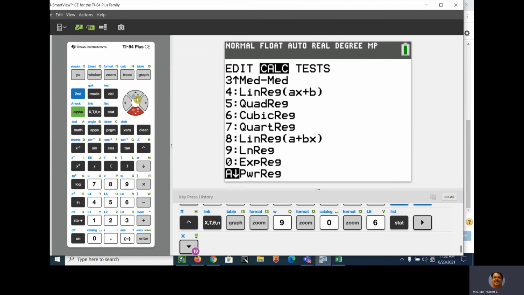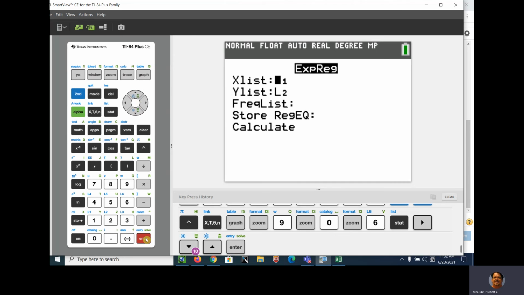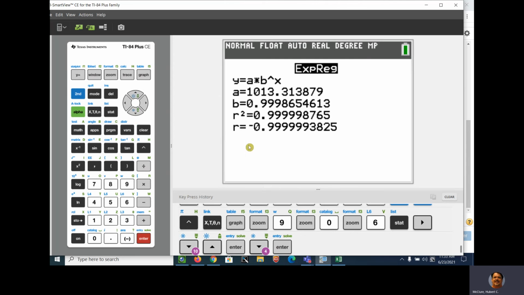I'm going to call it exponential. L1 and L2, calculate. That 0.99865 is supposed to be up there with the x. So that's where I messed up. My bad.